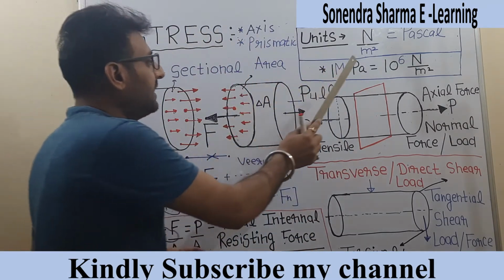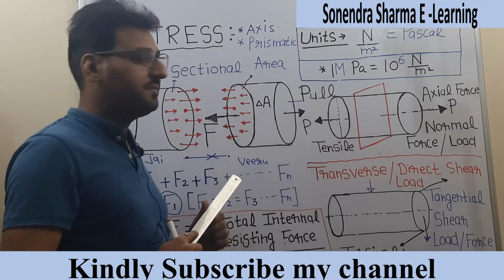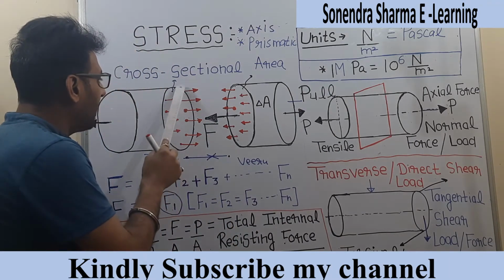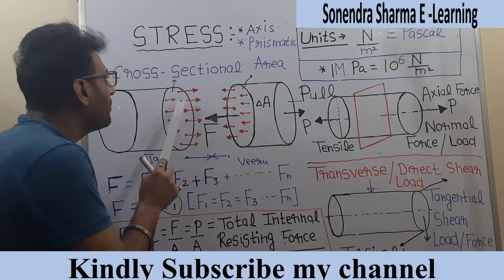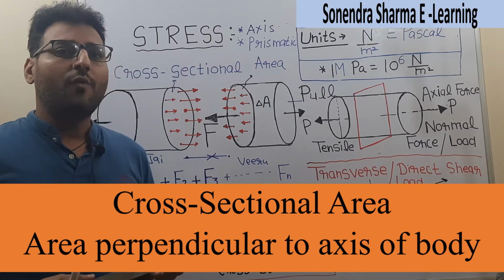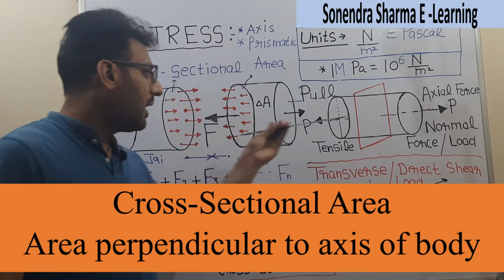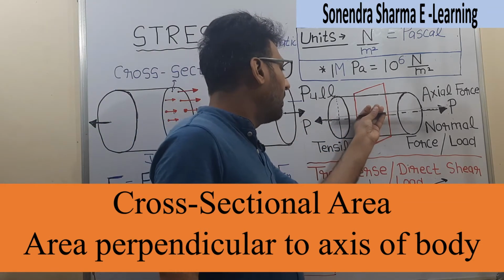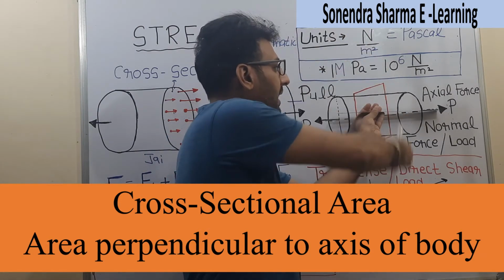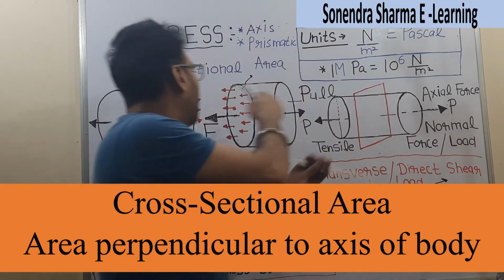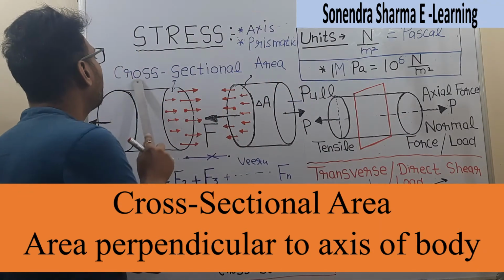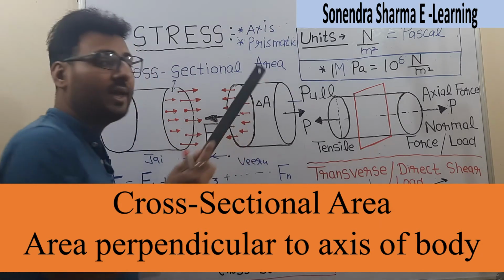After cutting this bar into two halves, we will get the two parts of this bar, and this exposed area is known as cross sectional area. So what is cross sectional area? Whenever we cut a member perpendicular to its axis, then the area obtained perpendicular to the axis is known as cross sectional area.